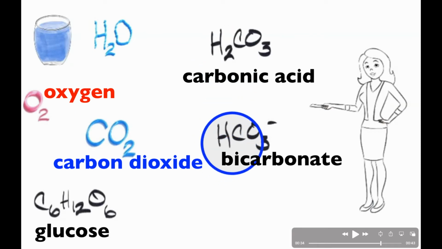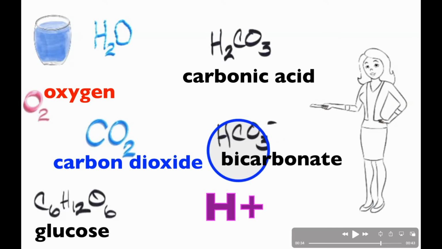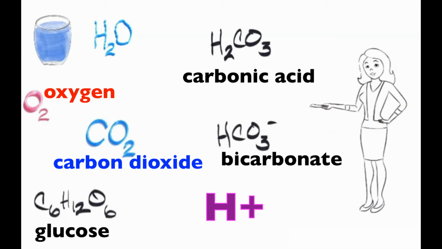Now, one thing I do want to add to this is, why is that negatively charged when it loses the hydrogen? And that's because hydrogen is generally in the ionic form, that is to say, H+. I will often refer to the hydrogen ion merely as a proton, because that's what it is.